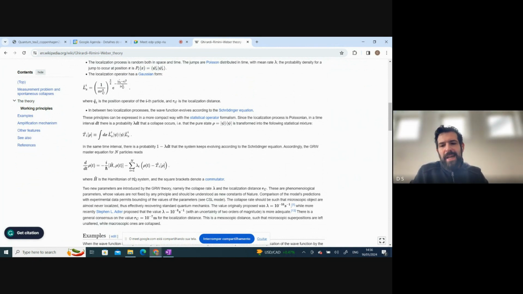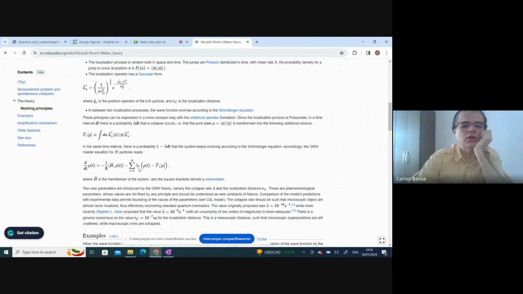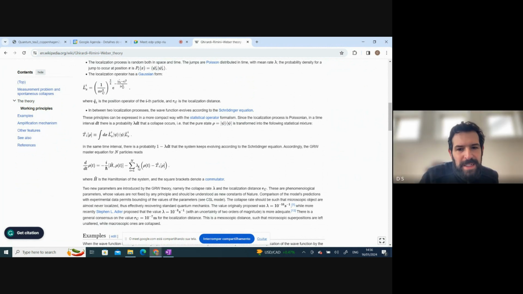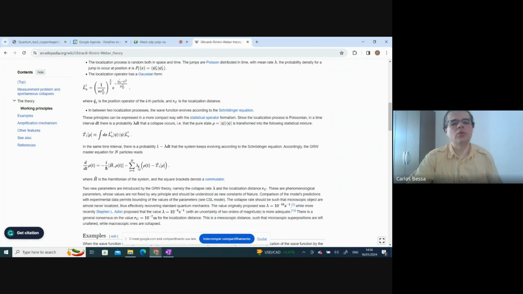Yeah, so you have to add an additional term, but I don't know how it works. I know it's there, and I think that term is what causes the collapse. This lambda here, right? And probably it is small, and the experiments cannot see it yet.